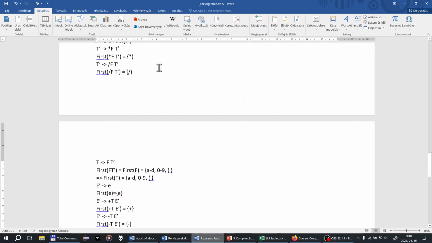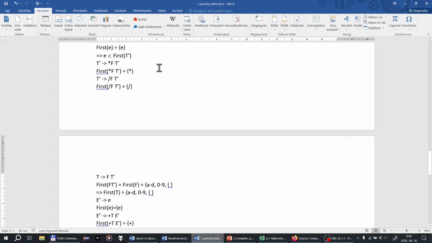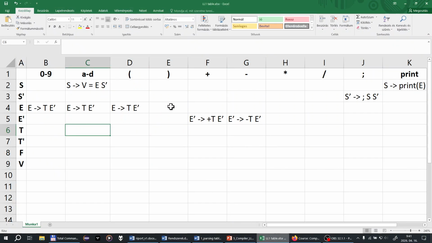It will be the next step, but I'm going to set up the parsing table with what we have. The first set can be A to D, 0 to 9, and an opening bracket, and in this case it is applied for the T. So in the case of T, we have F T prime for these three cases.